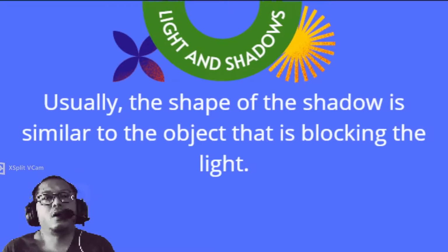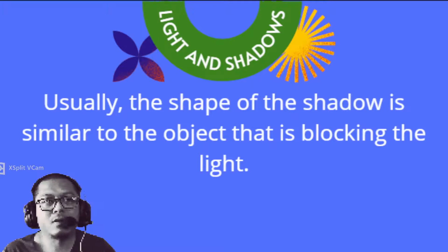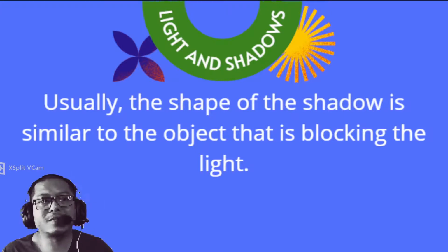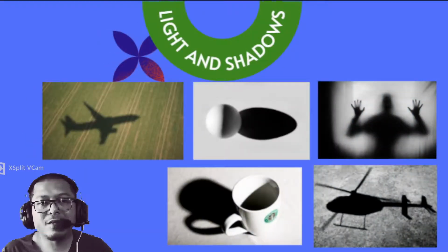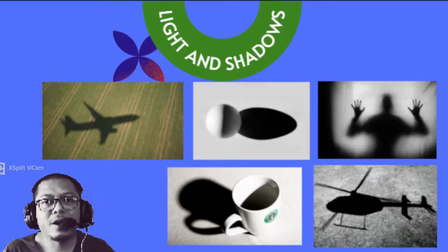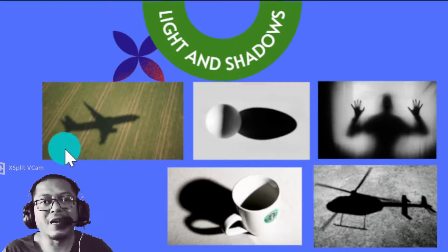Usually the shape of a shadow is similar to the object that is blocking the light. Usually, not always, but usually it is the same. For example in this picture, we can see there are five pictures and five shadows, and we can identify these shadows.